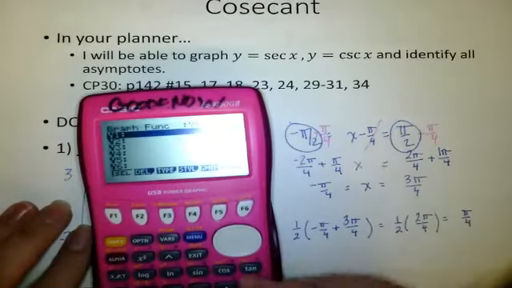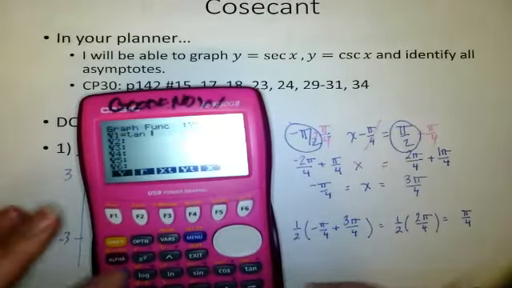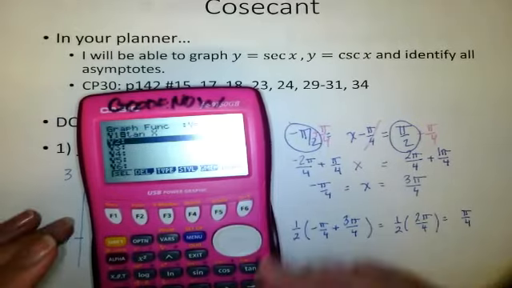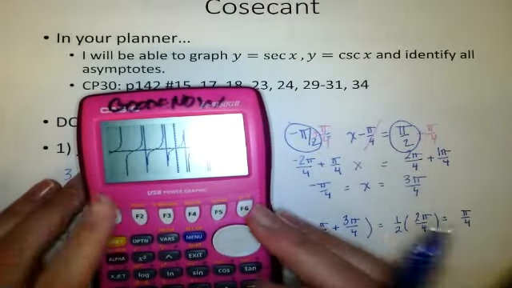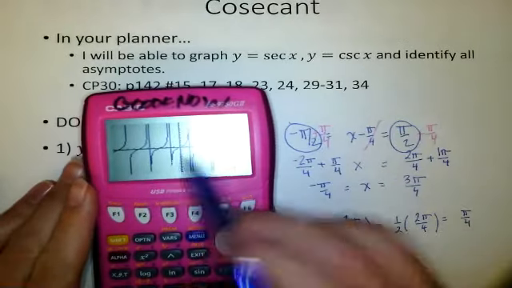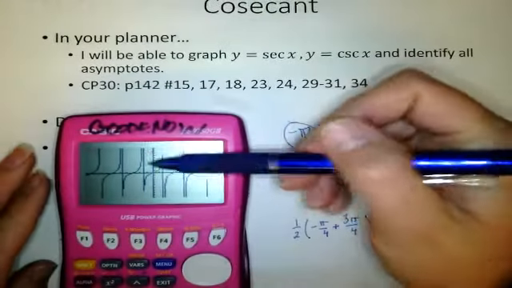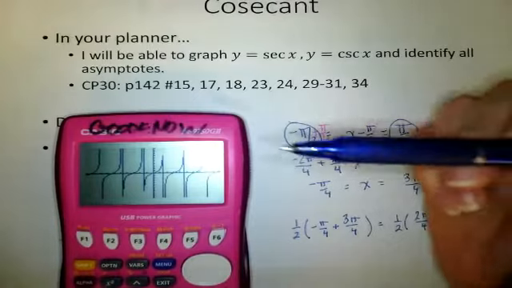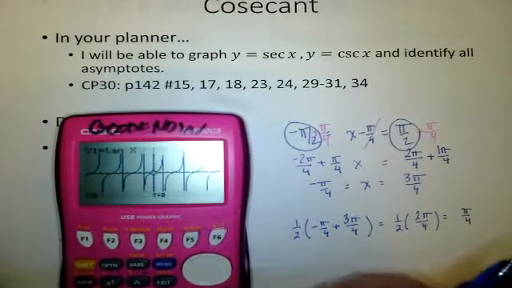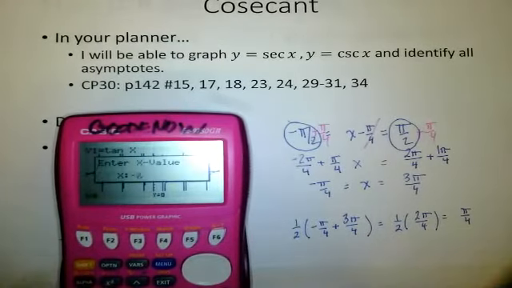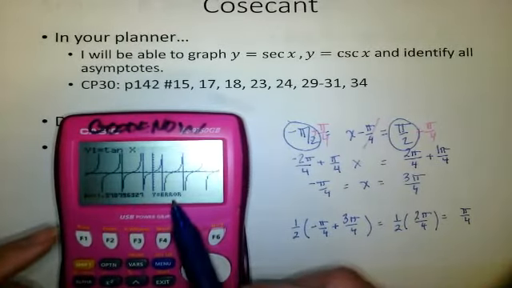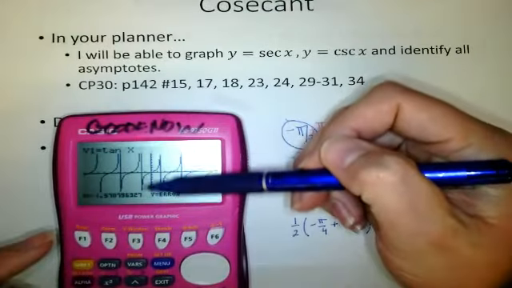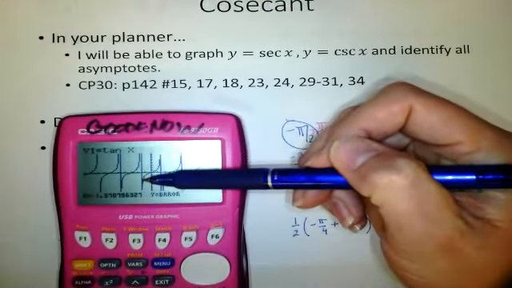So if I were to graph the tangent function, it has asymptotes. That's what these vertical lines are. They're really just asymptotes. And if I trace and type in negative pi over 2, it gets an error. That's undefined.